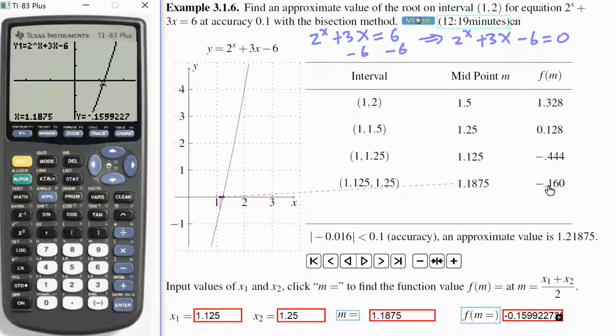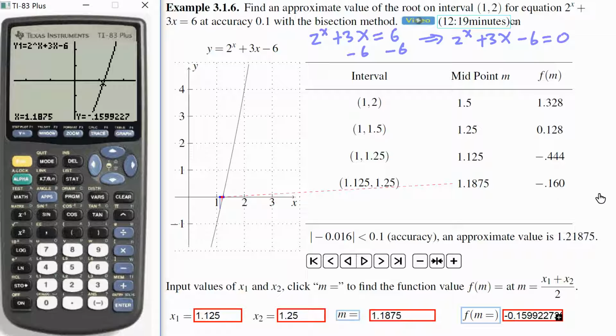That's approximately negative 0.160. If you round, this 9 is greater than 5, so you round it up, but this 9 plus 1 is going to be 10. And then 5 plus 1, you got 6. The original one, you keep it.